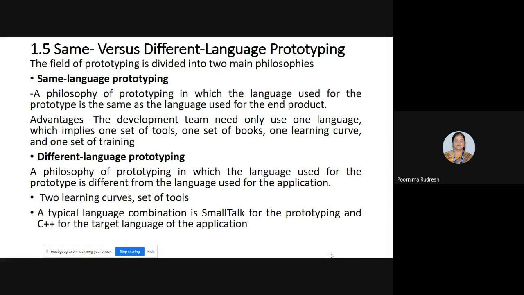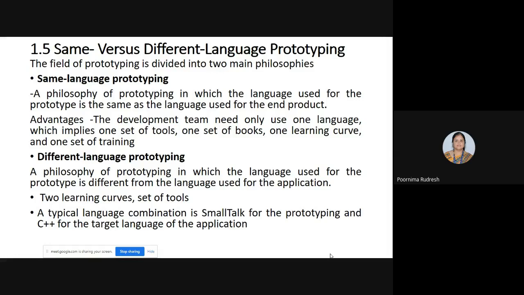So developing the prototype is for testing the user requirements, and do you think it is a final product? No, it is not the final product. It is just a testing version to test whether it meets the user requirements or not. So that is the major part of the prototyping.